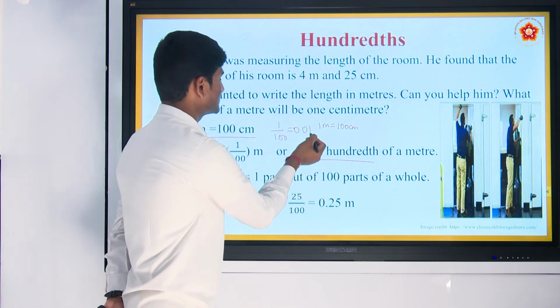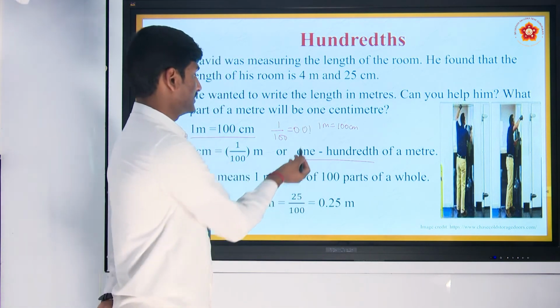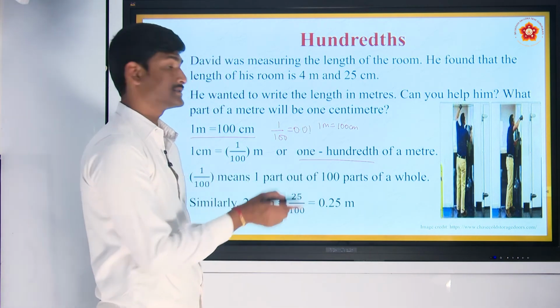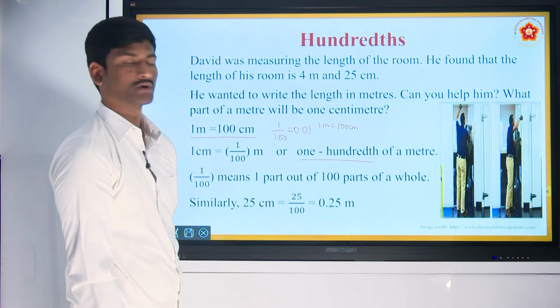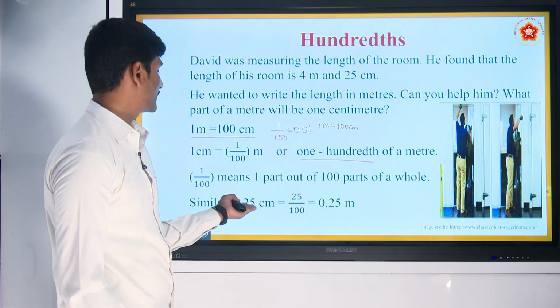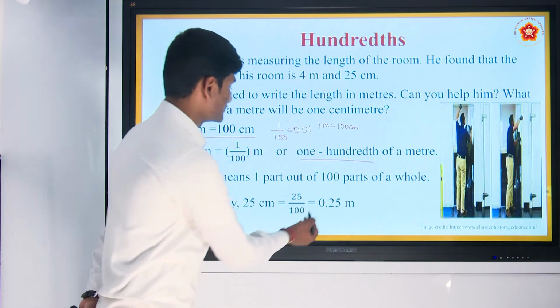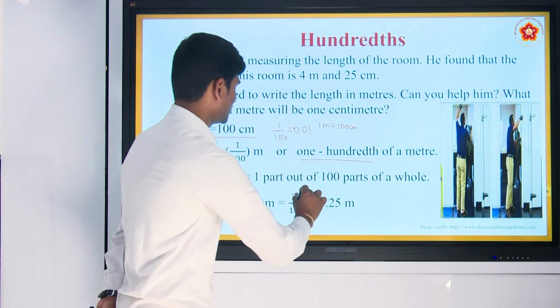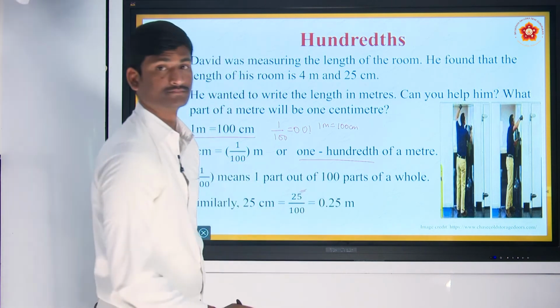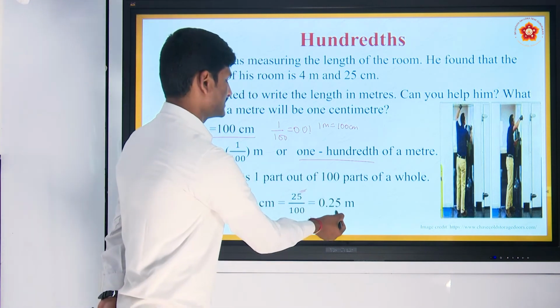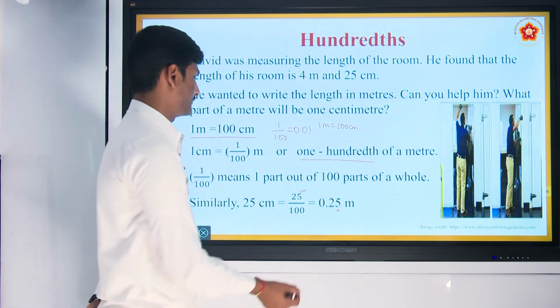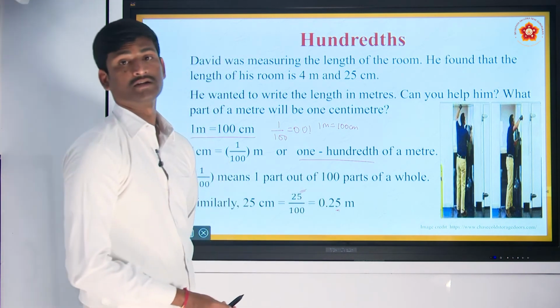The 1 is placed in the hundredths place. Similarly, 25 centimeters is equal to 25 divided by 100, which means 0.25. This last 5 is placed in the hundredths place, so it is 0.25 meter.